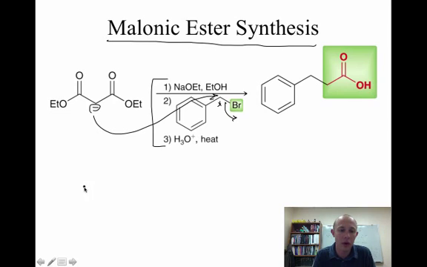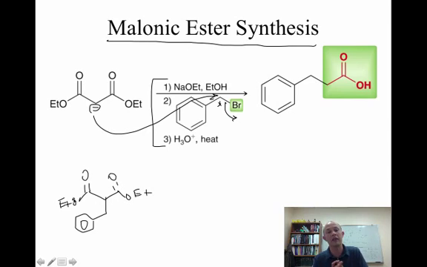So after step two, what we're going to have is the alkylated product of our enolate. The first two steps are just an enolate alkylation, and that's going to be the product after steps one and two. But step three is interesting because remember, strong acid and heat, or aqueous acid and heat, will convert both of our esters into carboxylic acids. That's called acid-catalyzed hydrolysis of an ester.